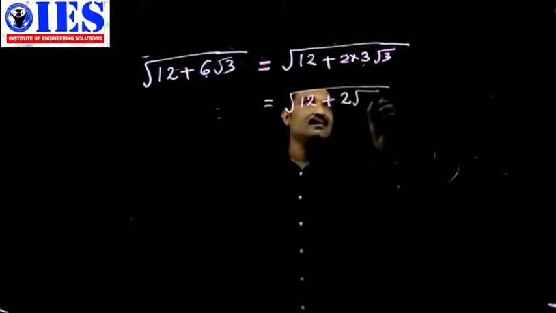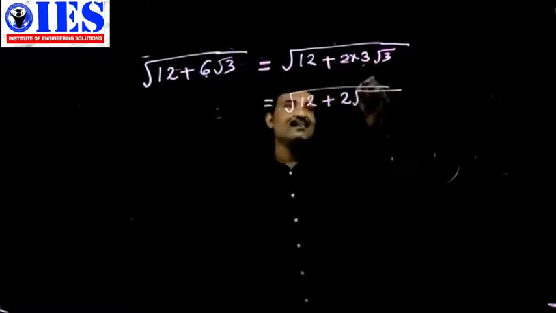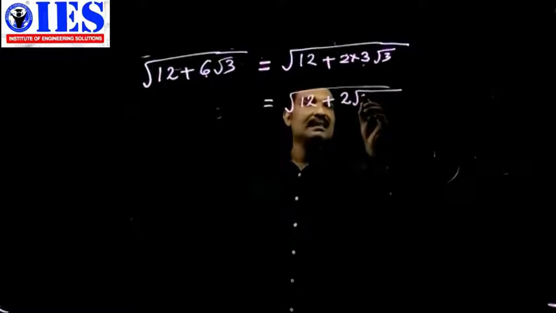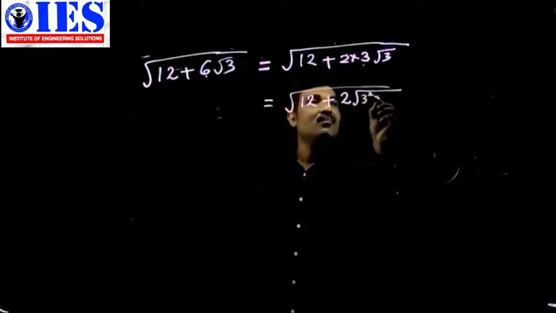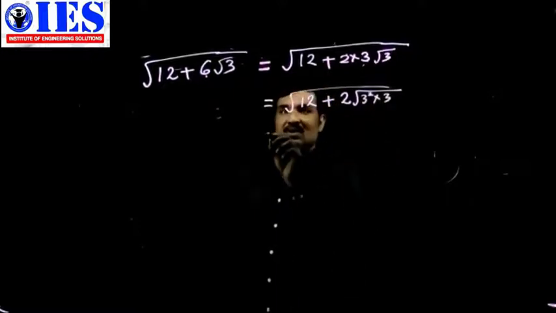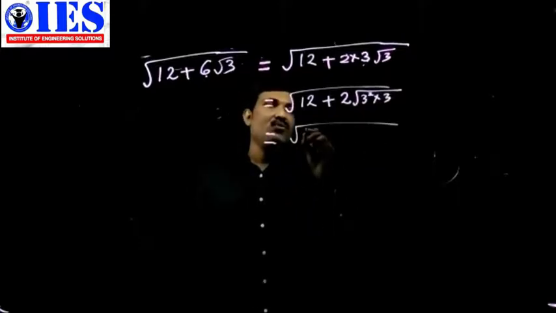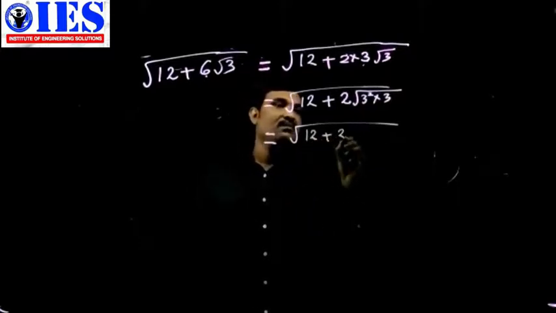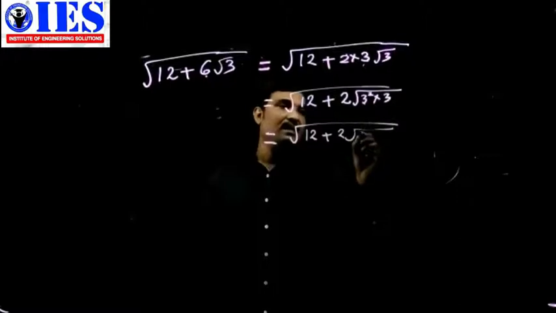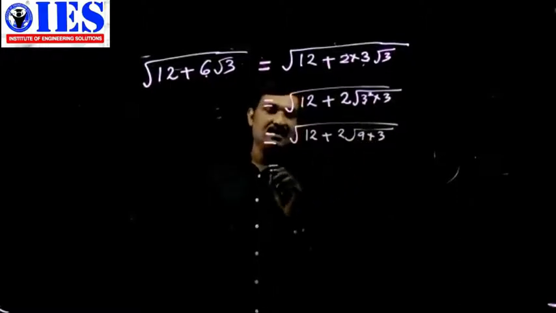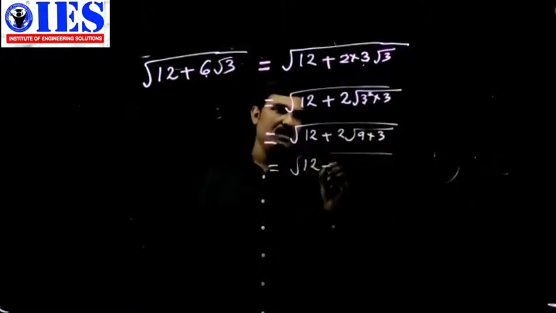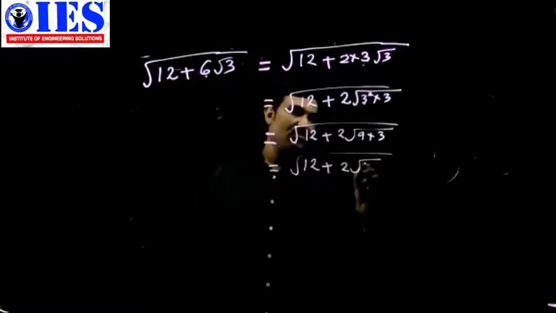When this 3 is written inside the square root, it becomes 3 squared multiplied by 3. So this is equal to square root of 12 plus 2 times square root of 9 into 3, that is 27.